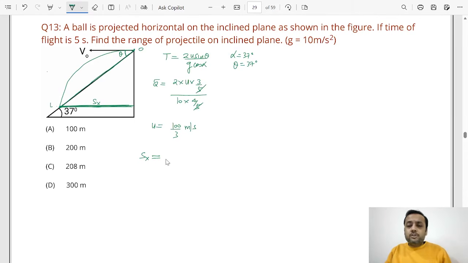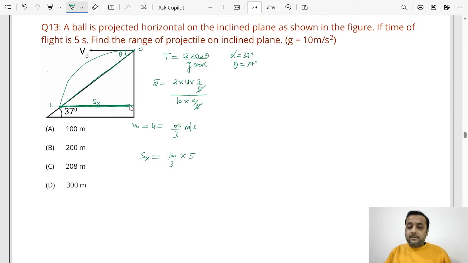That will be horizontal velocity into total time of motion, because acceleration in the horizontal direction is 0. Time is 5 and horizontal velocity is 100 by 3. Initially the entire velocity was horizontal, so this u is nothing but v naught, multiplied by total time of motion. So that will be 500 by 3.